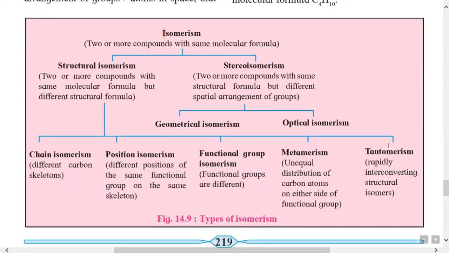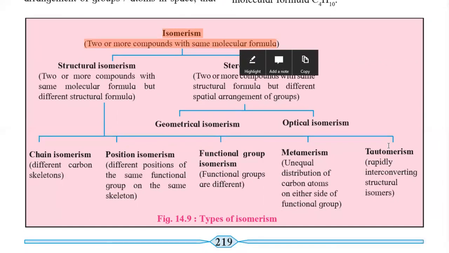So first is isomerism, that is, two or more compounds with the same molecular formula. This isomerism is of two types: one is structural and the other is stereoisomerism.